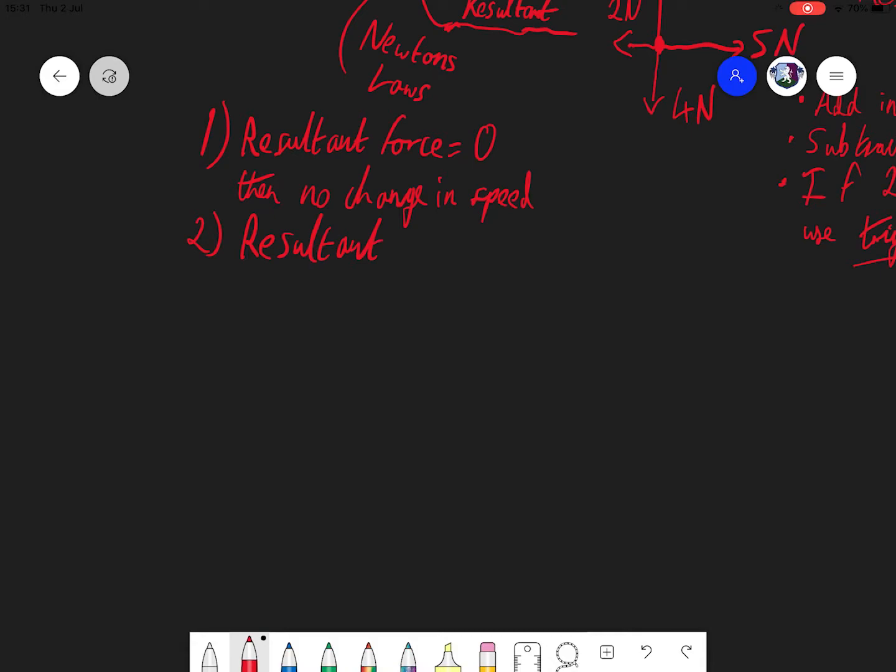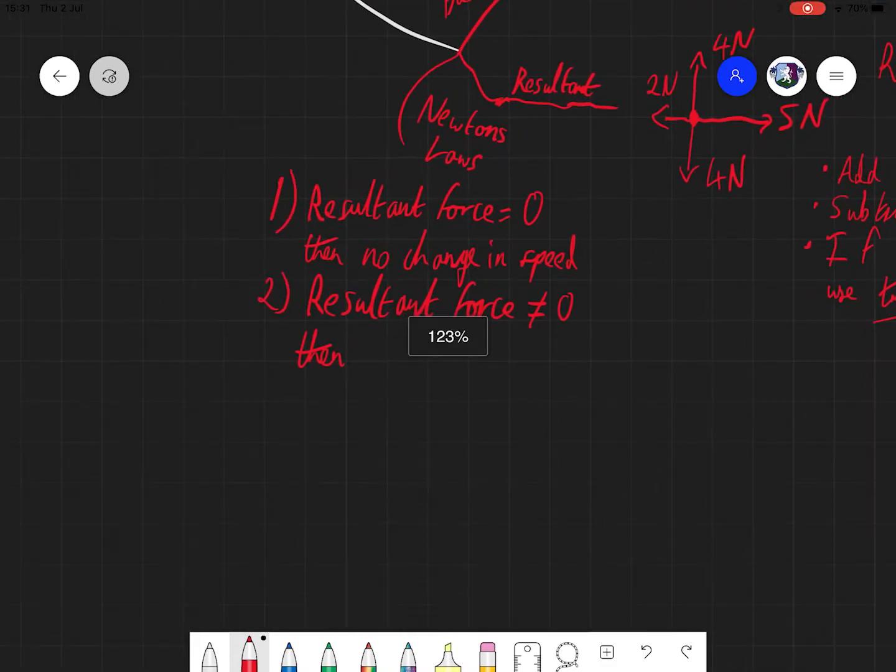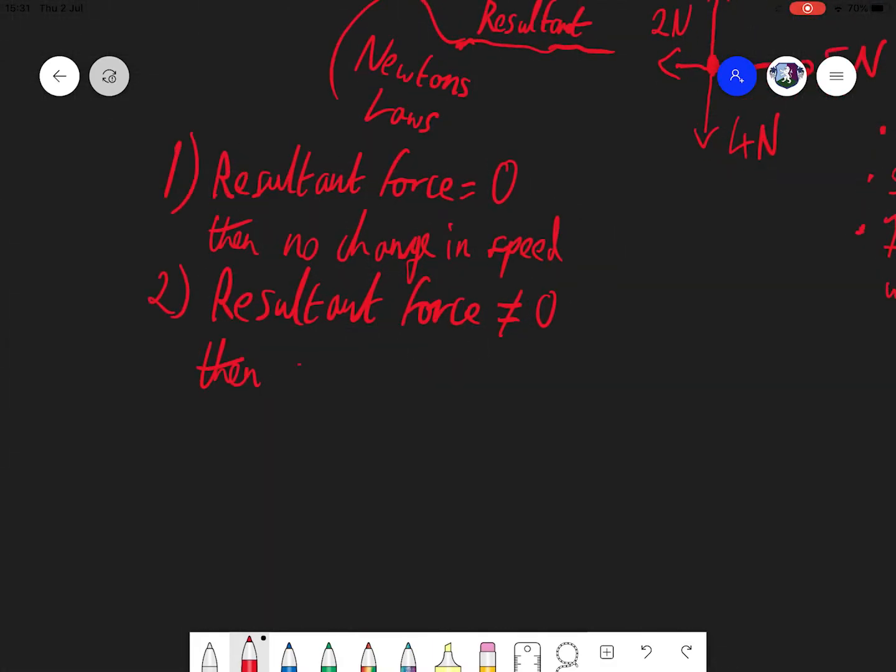Now for the second law, it's the opposite of that. If we have a resultant force that is not 0, so any number, positive or negative, then what you end up with is a change in the speed, which we can define as an acceleration. Don't worry about acceleration or deceleration.